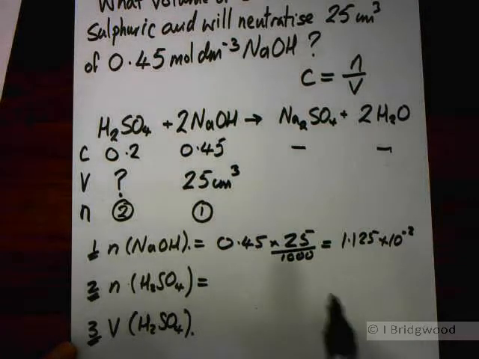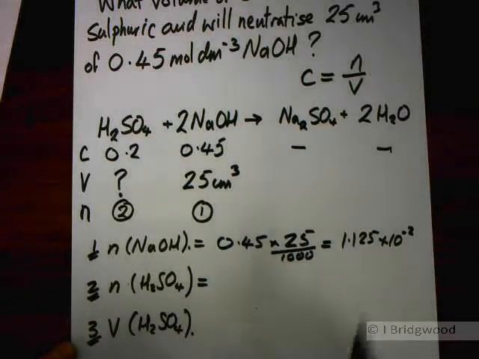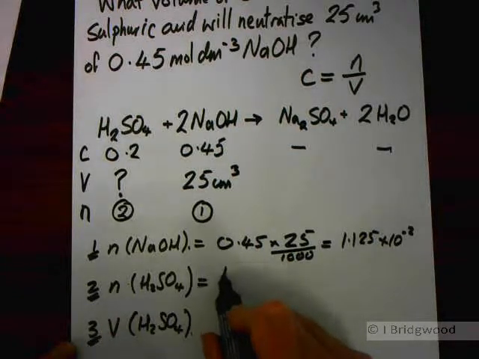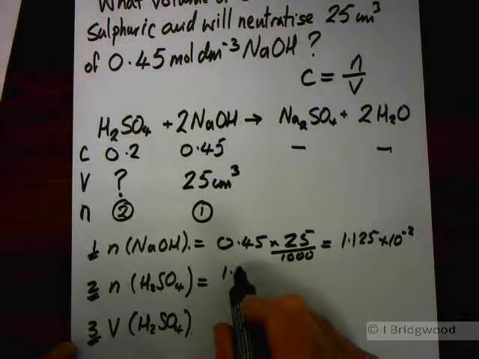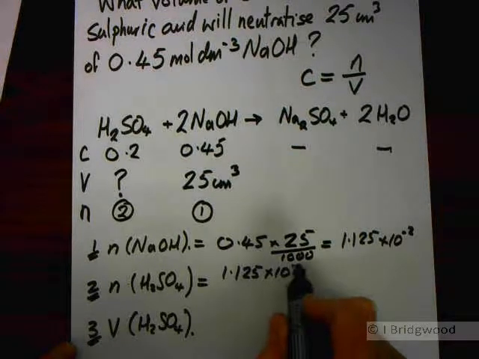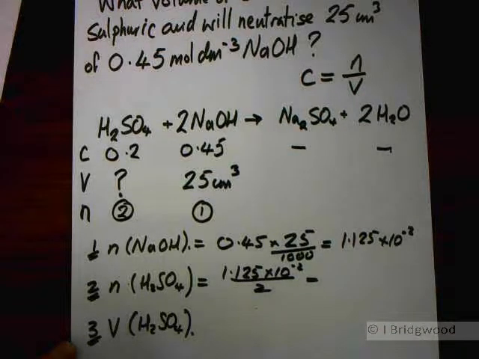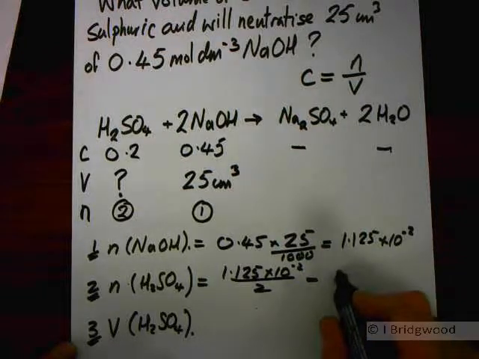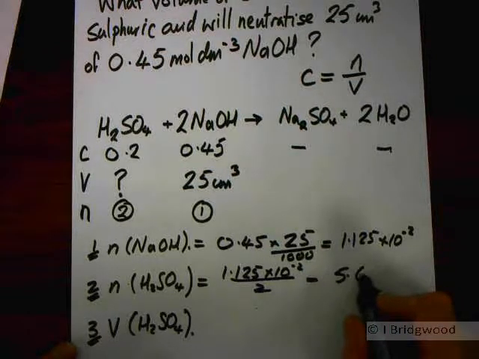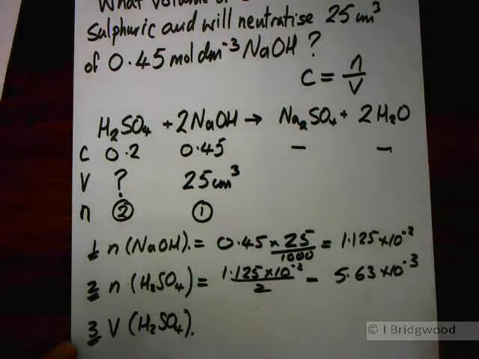The number of moles of sulfuric acid, well, you can see we've got a 2 to 1 ratio, so we can divide the number of moles of sodium hydroxide by 2. That gives 5.63 times 10 to the minus 3.